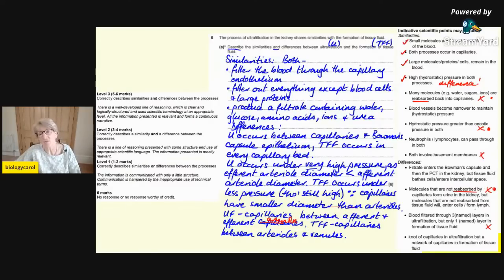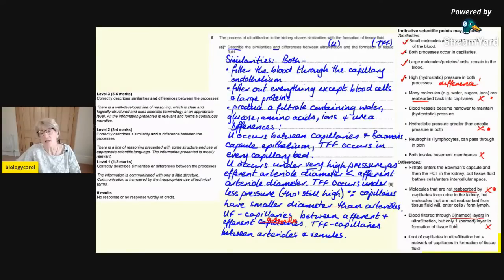This one confuses me slightly. I would have gone with this, that both include basement membranes, because capillaries have a basement membrane around them. However, I happen to know that the basement membrane between the Bowman's capsule epithelium and the capillary endothelium is fused, which kind of makes sense of this sentence here.